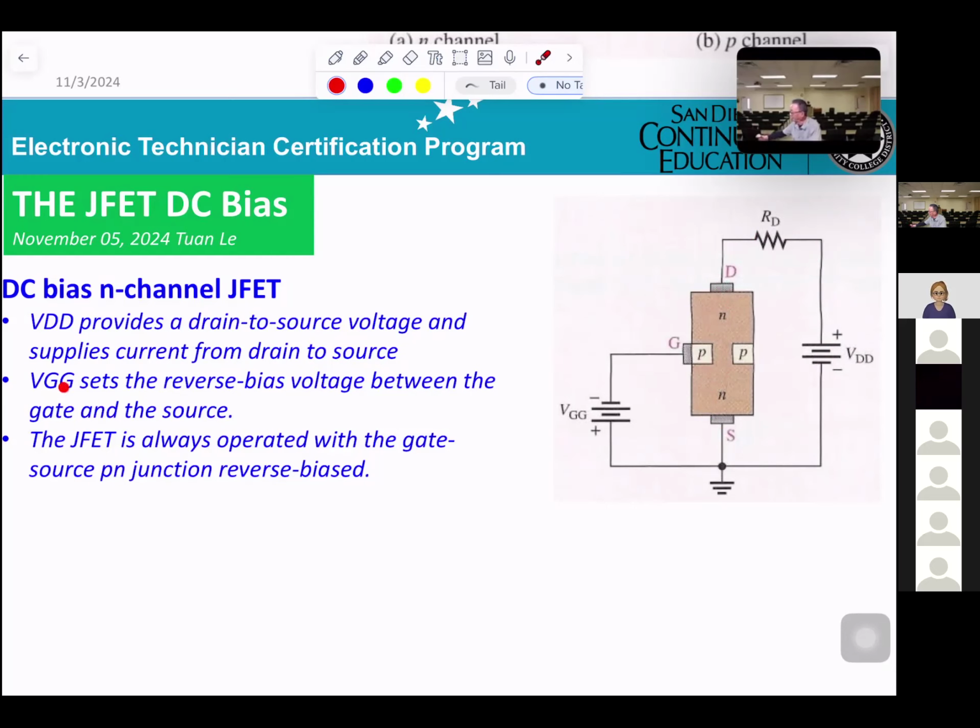VGG sets the reverse bias voltage between the gate and the source. Basically, here you get a diode; this side will be negative and the other side will be positive. The JFET only operates with the gate-source PN junction reverse biased.